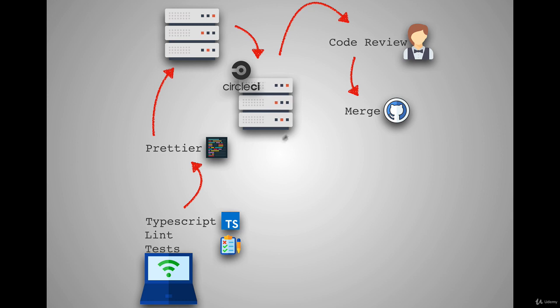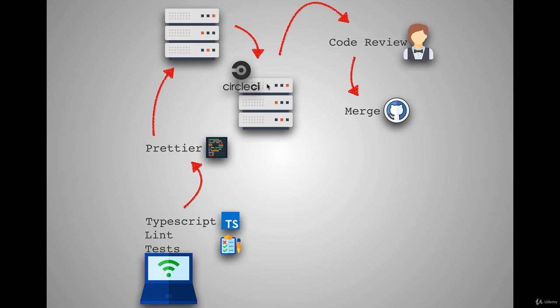You have a server that runs your continuous integration or continuous delivery. What does that mean? Well, once you've tested everything, when you make the pull request to GitHub, GitHub automatically lets a CircleCI server know, hey, we just have a pull request.